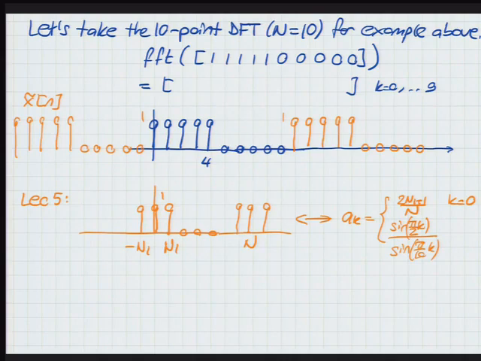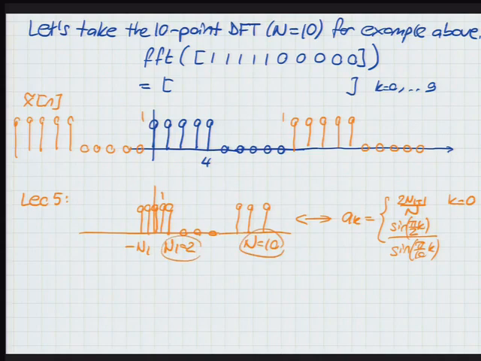Sorry, guys. There's a messier expression in lecture 5 because lecture 5 is for a general n1 and general n. But in our case, n1 is equal to 2, because we have length 5 pulses, and n is equal to 10. After I substitute those two numbers in the lecture 5 notes, I get these numbers.